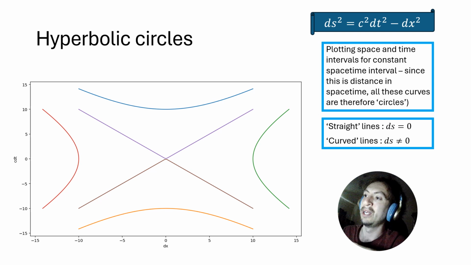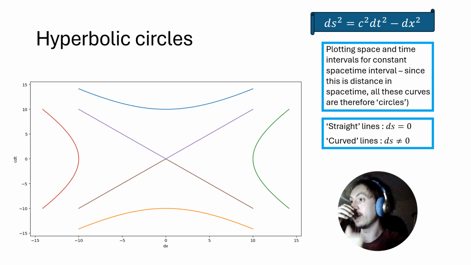And the interesting thing is, if we use Euclidean terms, where the radius of the circle would be the same thing as your interval in that space, then these hyperbolic circles, which are straight lines, have a radius of 0. So they're at 0 distance from the origin of our coordinate system.